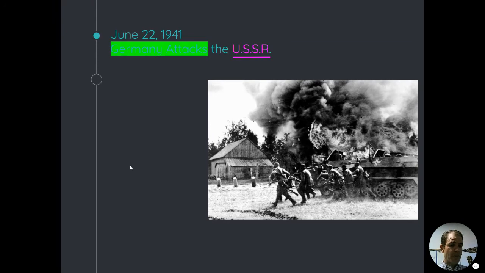So they're building up their front to attack Russia over the course of these months, and are finally able to attack Russia. So we're highlighting Germany attacks and underlining and changing the font color of USSR.